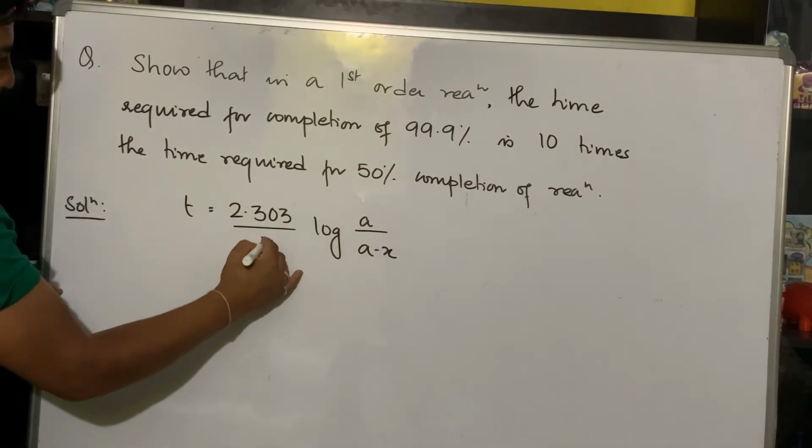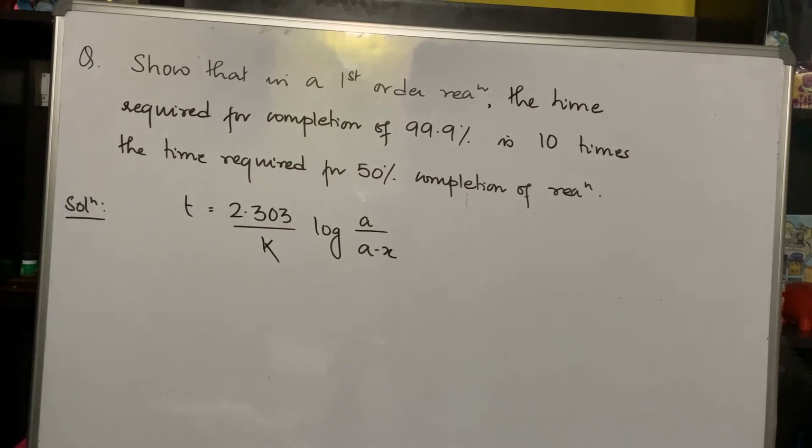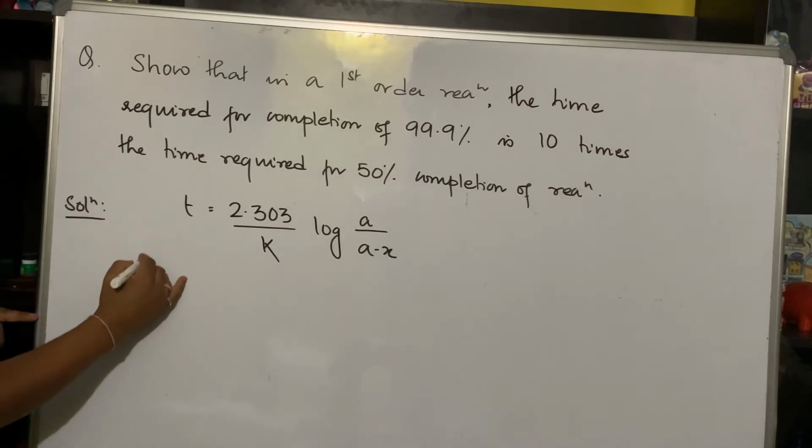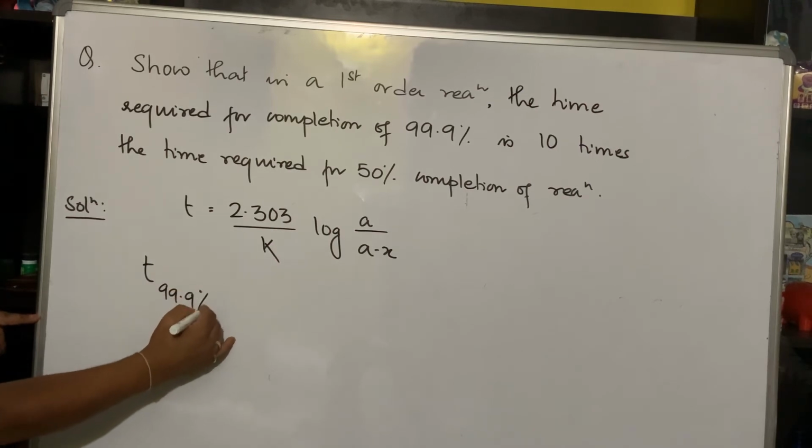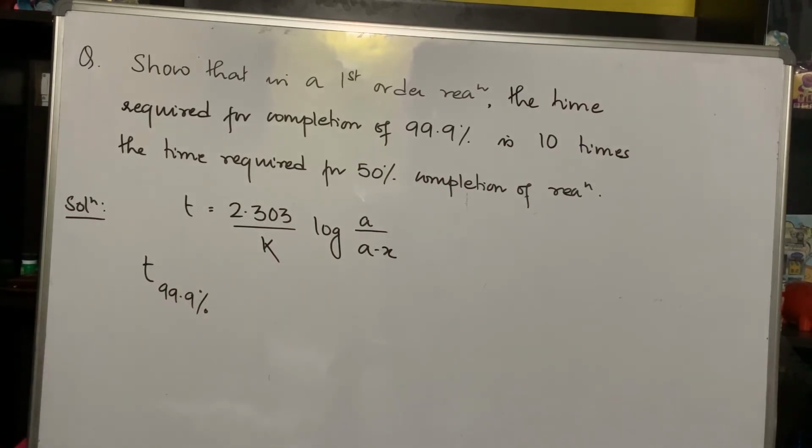Let me concentrate on the first part. A reaction is 99.9% complete. I'm supposed to find out the time required for 99.9% completion of a reaction. So I'll denote the time required for 99.9% completion as T 99.9%.